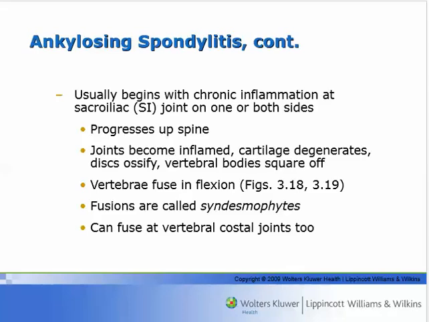And the vertebral bodies end up squaring off. And it ends up almost starting to look like bamboo because the longitudinal ligaments, the anterior and posterior longitudinal ligaments, start to ossify, and it causes kind of this bulging of superficial bone over the discs. And so those fusions are called syndesmophytes.